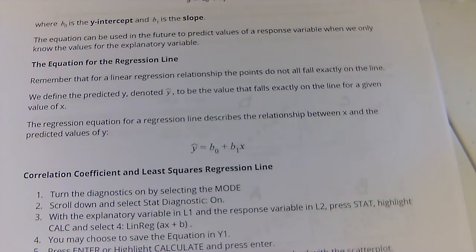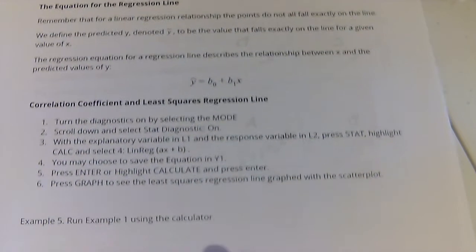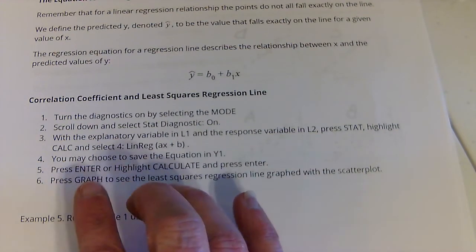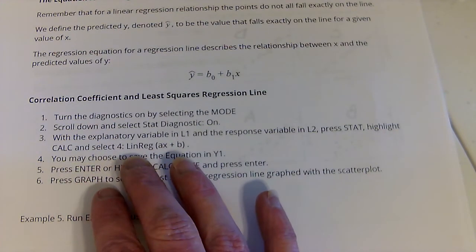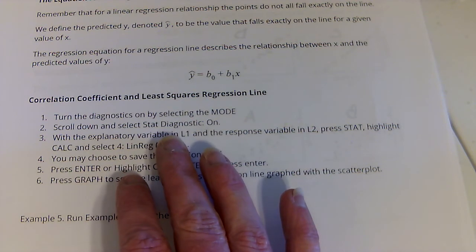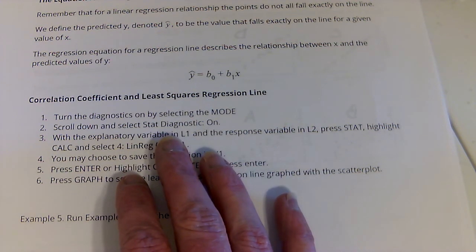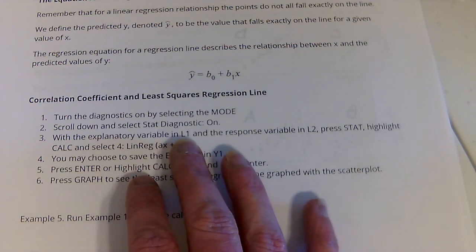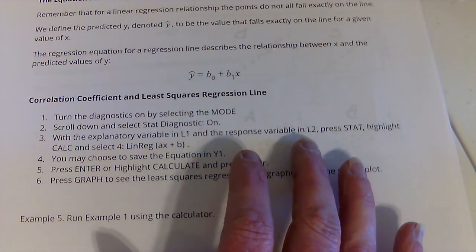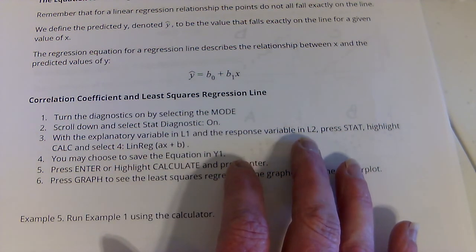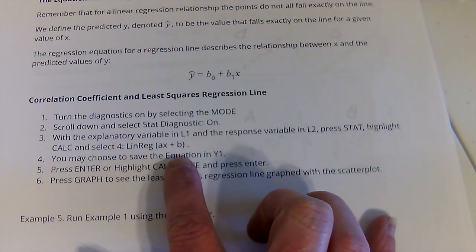Now we've already done this with our first example. So all the instructions we did before: turn your stat diagnostics on, make sure you have your x values in L1, your y values in L2, go to the linear regression.